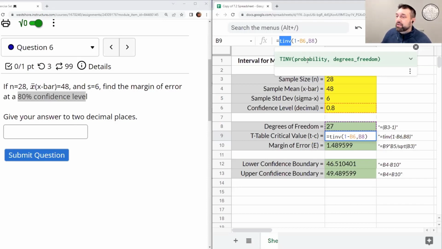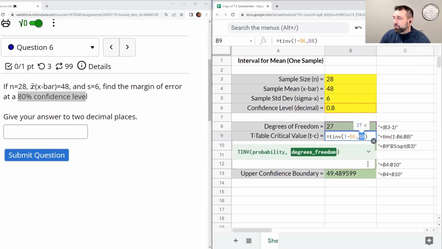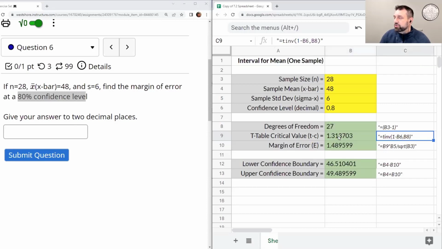In module 8, instead of talking about confidence levels, we talk about the complement of the confidence level, which is the significance level. And that's what goes into these calculations. So you take the 0.8, you subtract it from 1, and you get a 20% significance level, and the degrees of freedom go here. That is your t value, your modified z-score.